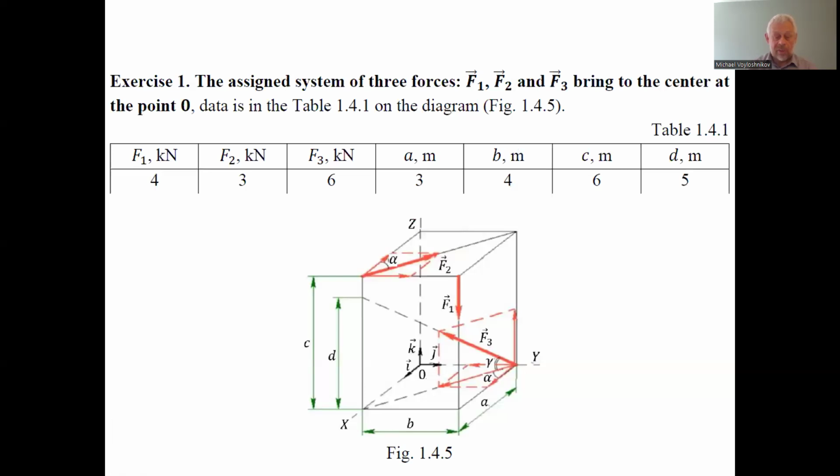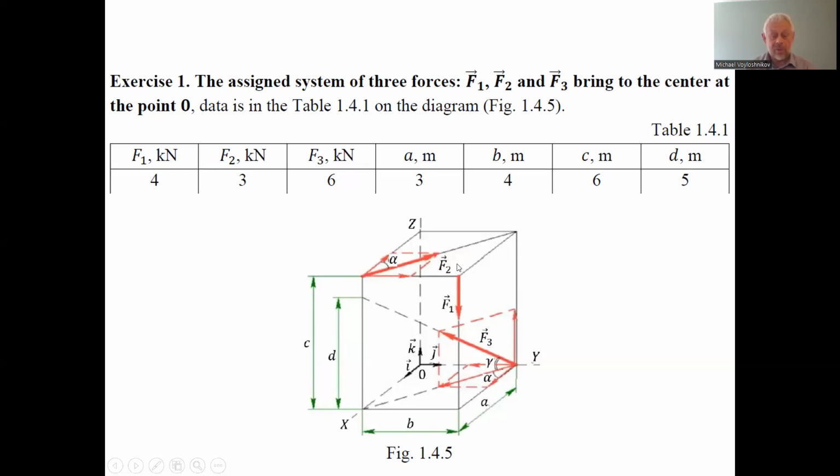So for the projection on the axis x, we first consider f1. f1 lies in the plane perpendicular to the axis x, so the impact of f1 on the projection of the resultant force on the axis x is 0. Another force f2 we can decompose into projections parallel to the y axis and parallel to the x axis, but with opposite direction. We use the concept of the cosine alpha.